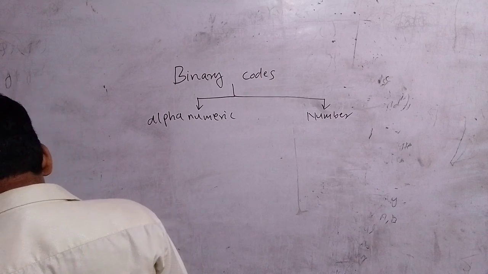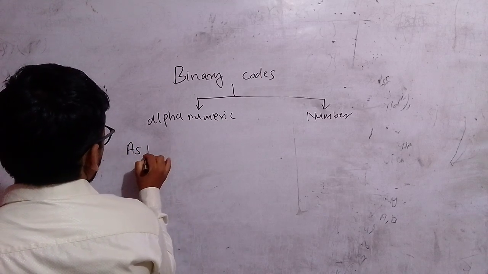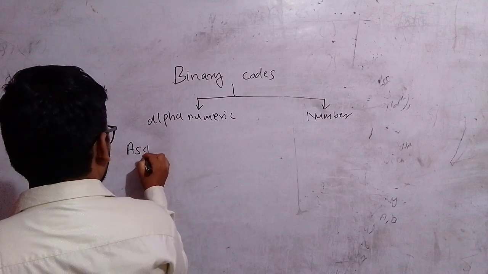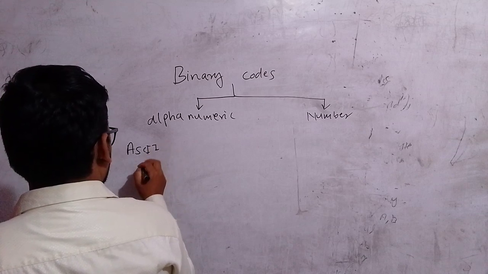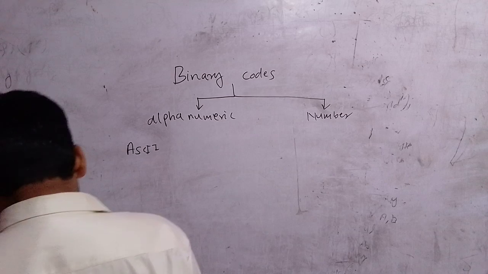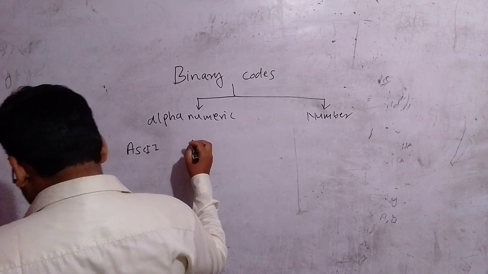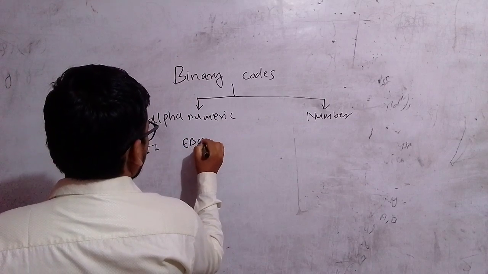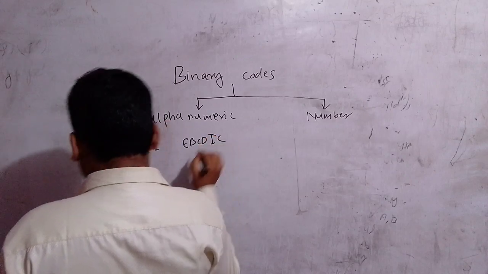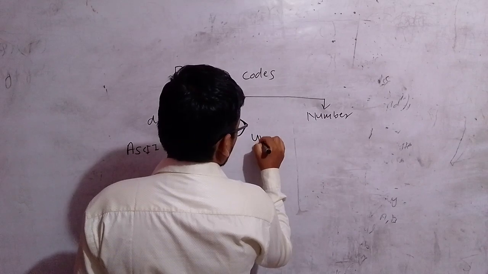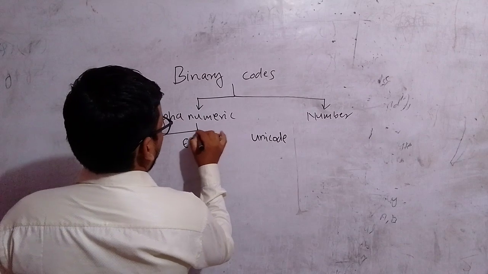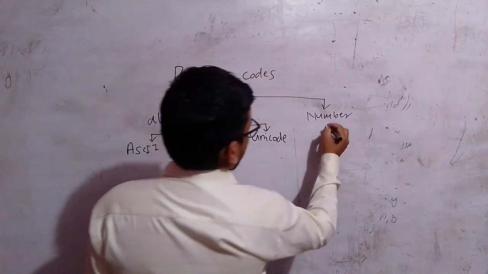In alphanumeric, there are ASCII, EBCDIC, Unicode. For numbers, another is BCD.